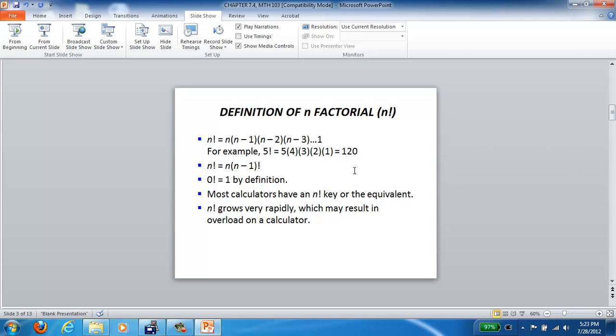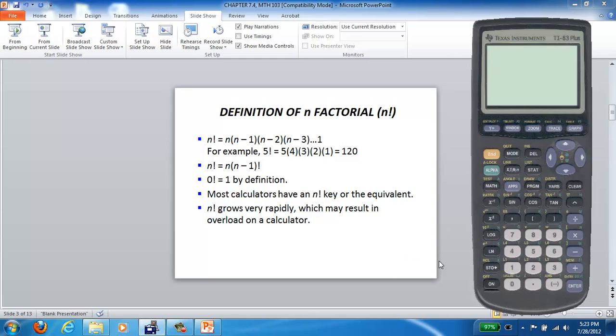So let's see how to calculate 5 factorial. I have the graphing calculator. So 5, then you go to math, you go to probability, and you go to number 4. Click enter, and then again enter. So this is the answer, 120.